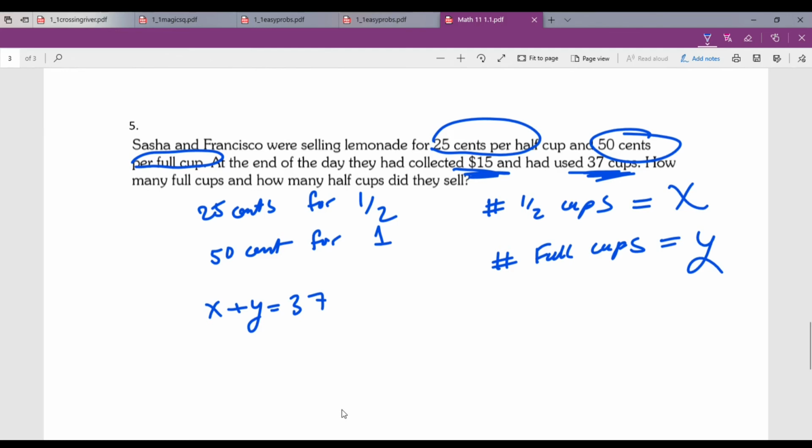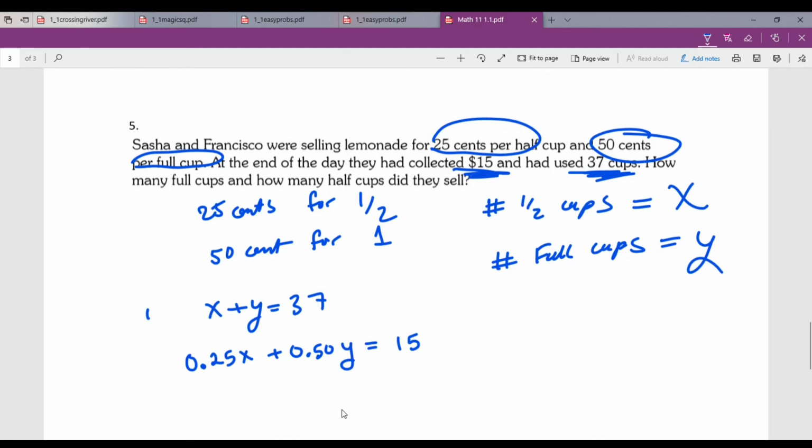And now our total value has to be $15. For each of the half cups, we charge 25 cents. So that's 25 cents times the number of half cups we sell, so that's how much money we're bringing from the half cups, plus 50 cents for the number of full cups we sell, and we sell Y full cups, and that should add up to $15.